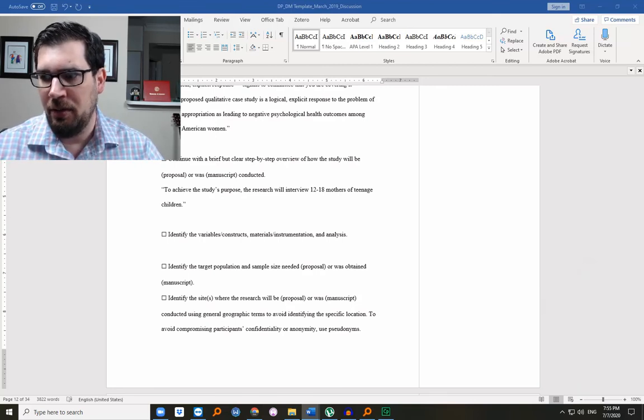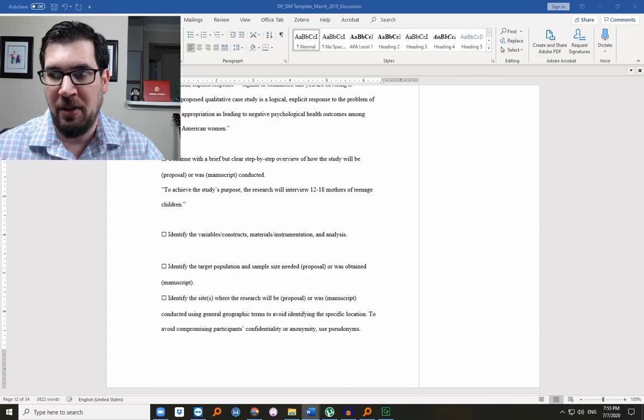In total, you'll need to be able to identify the variables and constructs, identify the materials and or instrumentation, how you'll perform the data analysis, identify the target population, and then identify the sample size needed for the study. So these are sort of 5 different things going on.